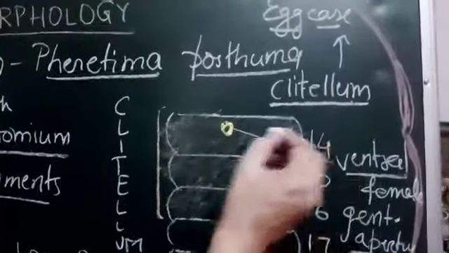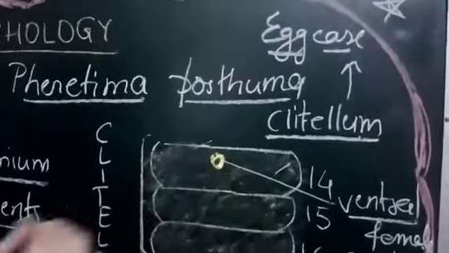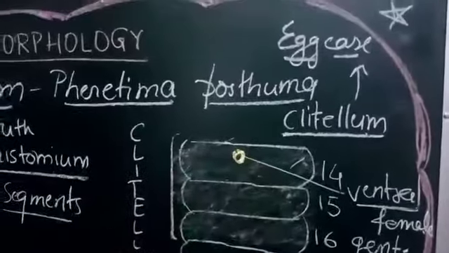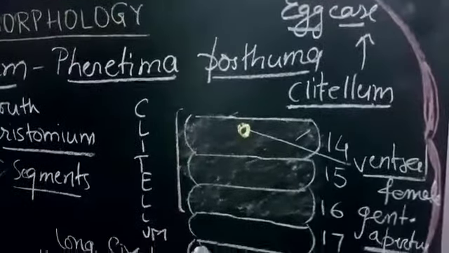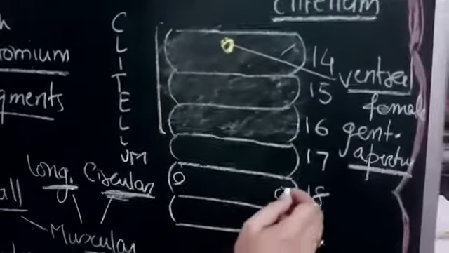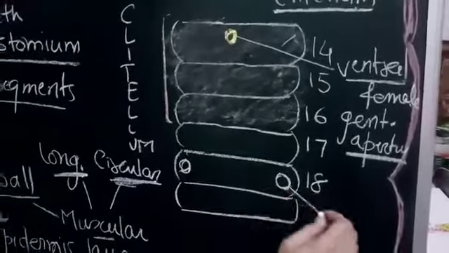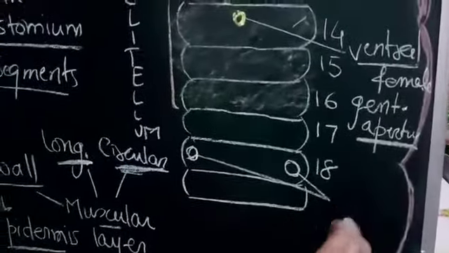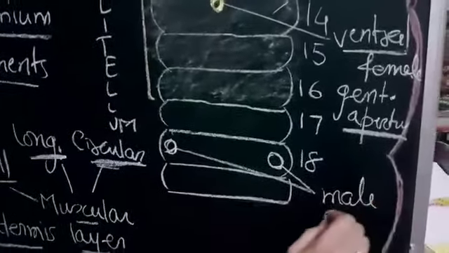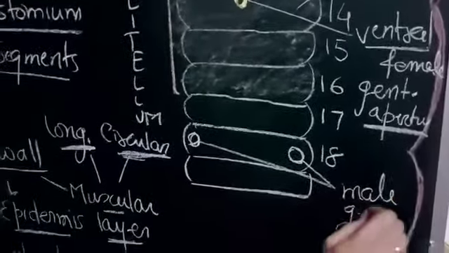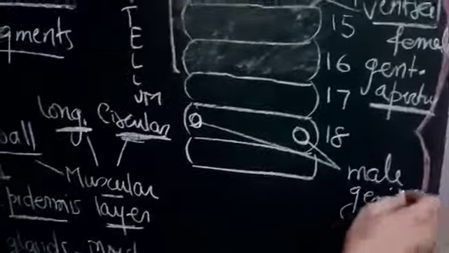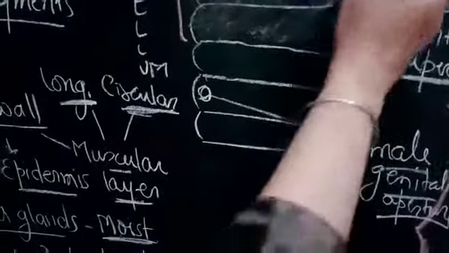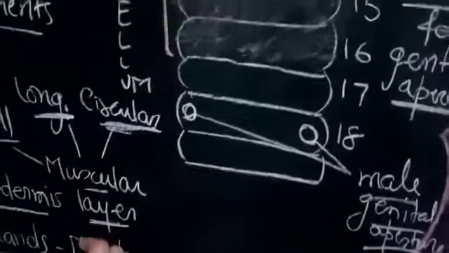So in the 14th segment, there is the female genital aperture on the ventral side, central. In the 18th segment, two more apertures are present. They are called the male genital apertures. Please, my dear students, keep in mind the segments in which the male and female genital apertures are present.